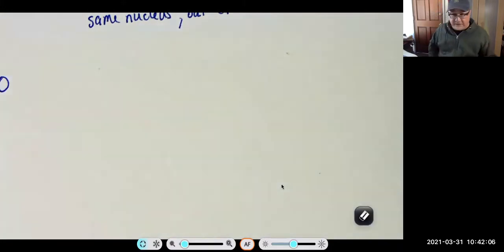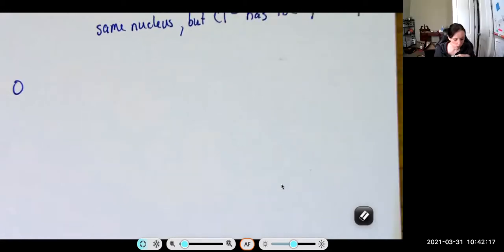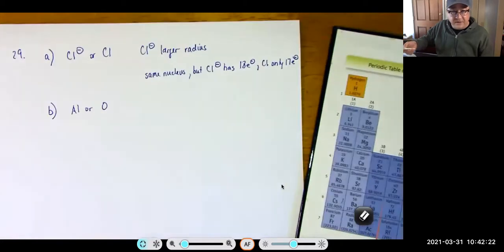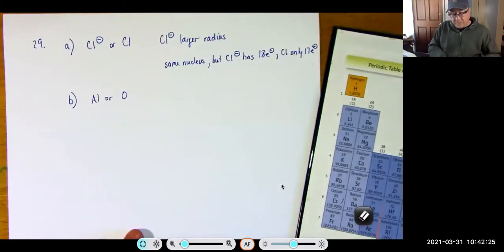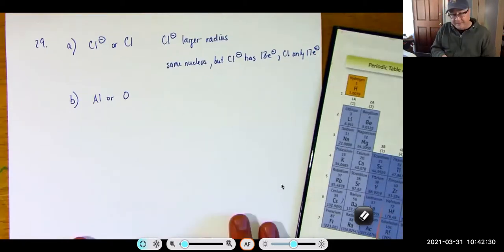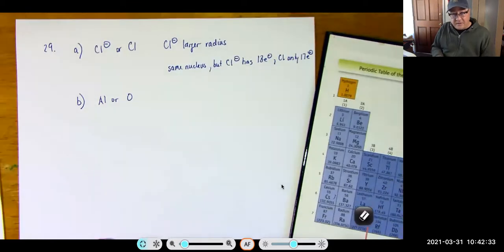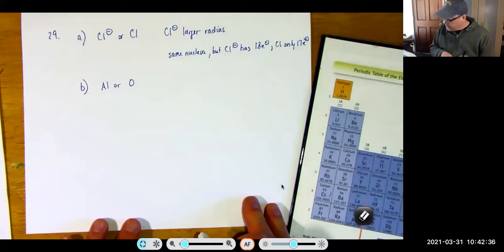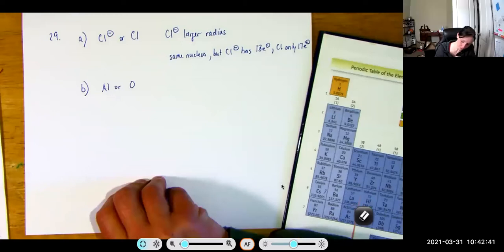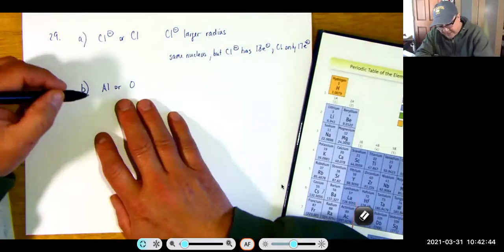We don't want to look at the charts that the book gives us to answer these questions, the little charts that show you the different radii, unless you're going to write those charts down in your cheat card, right? So we want to be able to do this just looking at the periodic table and seeing where they are on the periodic table. So aluminum and oxygen are in different periods, right?